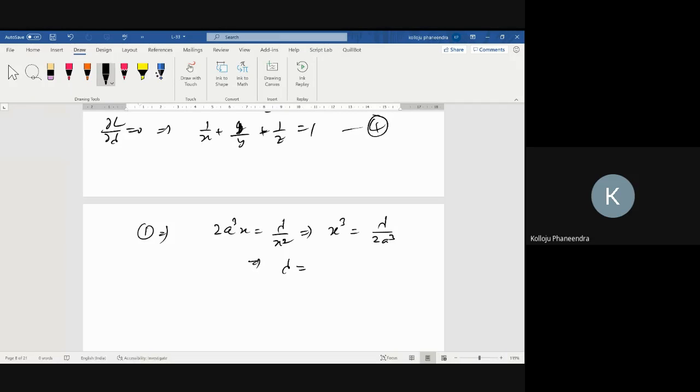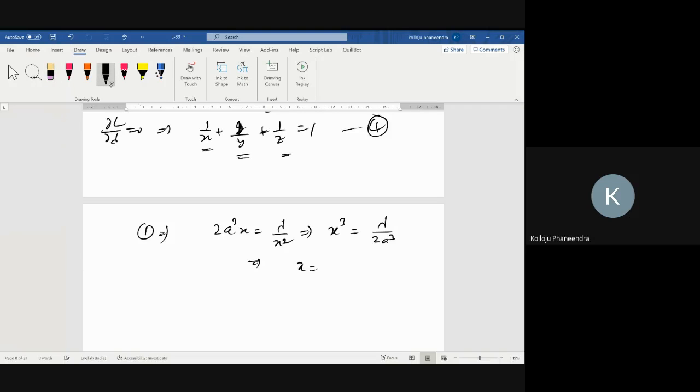X equals lambda power 1 by 3, over 2 power 1 by 3 a. After getting x, y, z, I substitute in the fourth equation and I will get the lambda value. Isn't it right? Let me try that way.